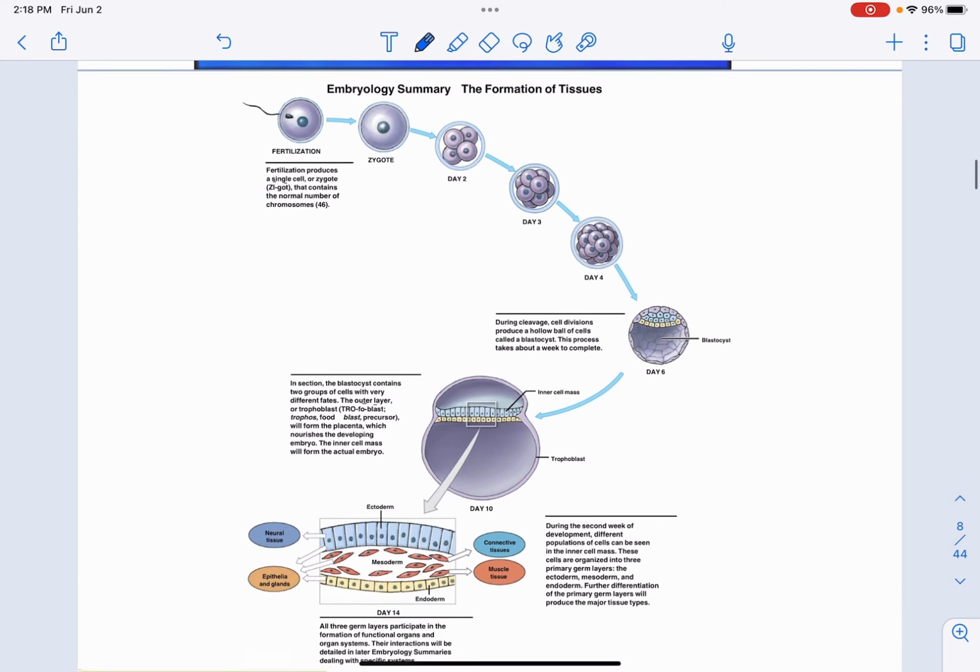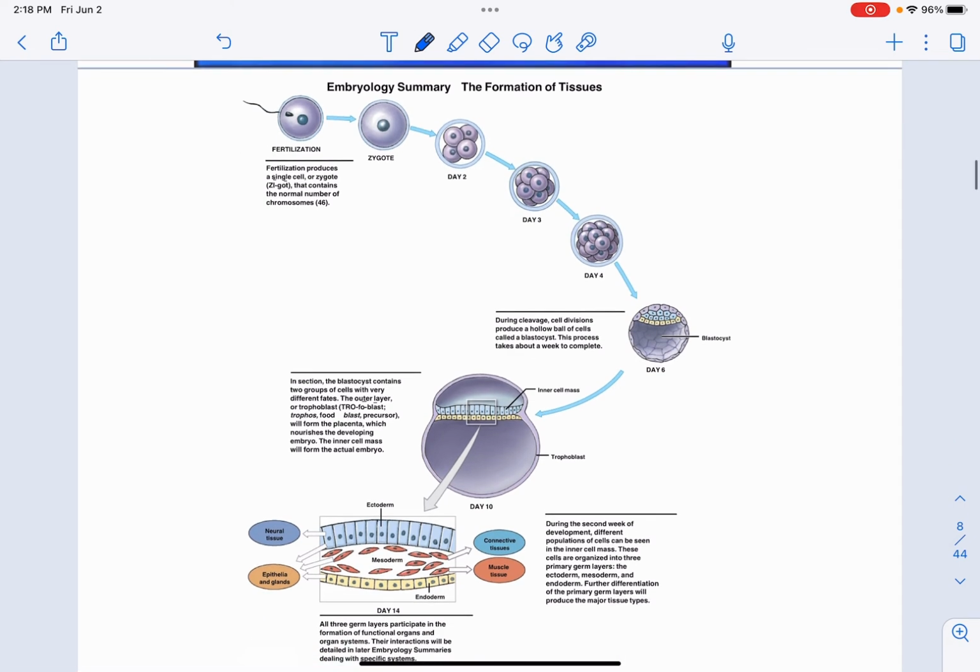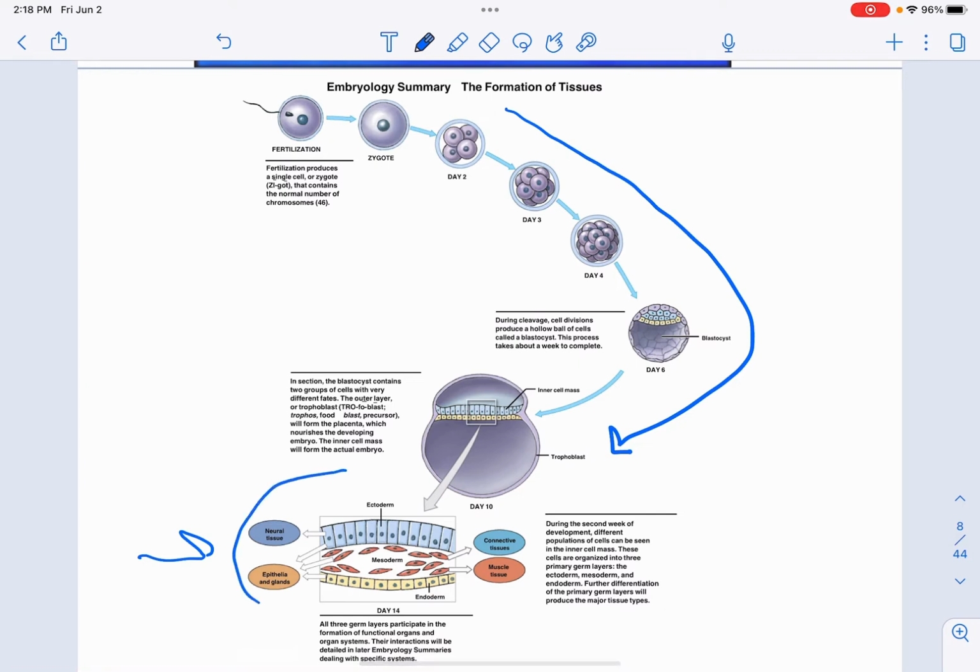This is another image showing you these layers down here, okay? I've kind of gone over all of these steps so far, and then we focused on what happens when we get these layers, okay? So we talked about the ectoderm becoming neural tissue.